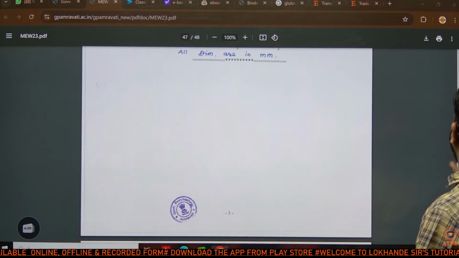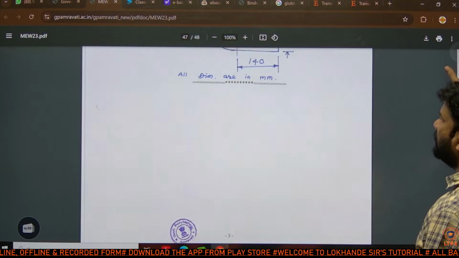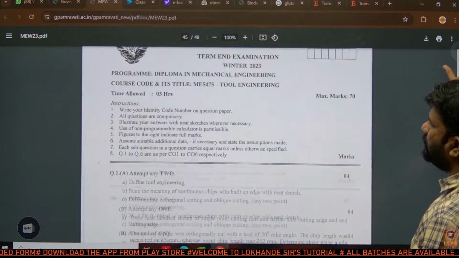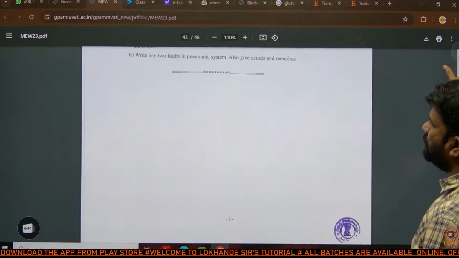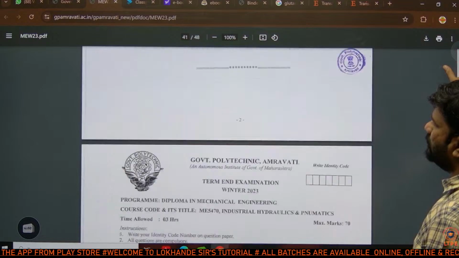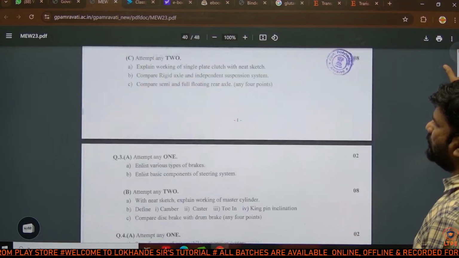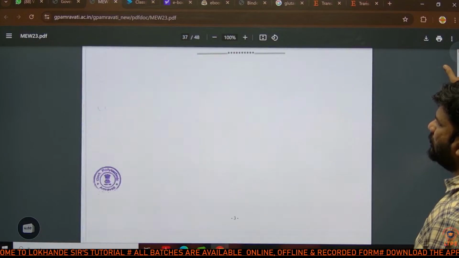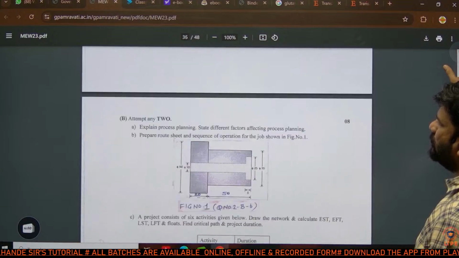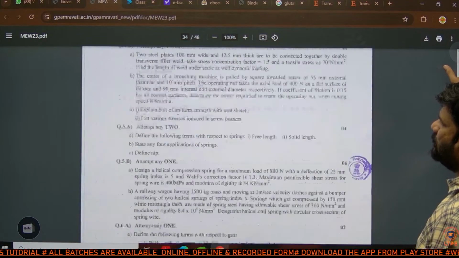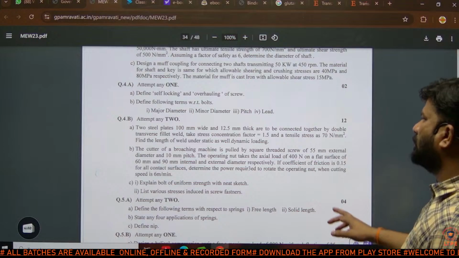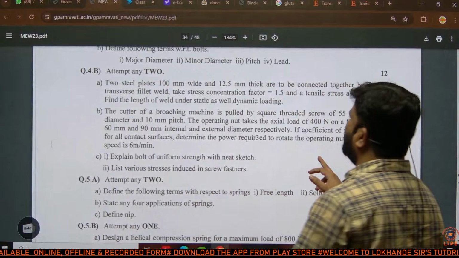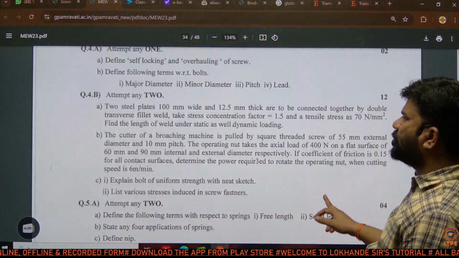There is machine design. So question number 4B.